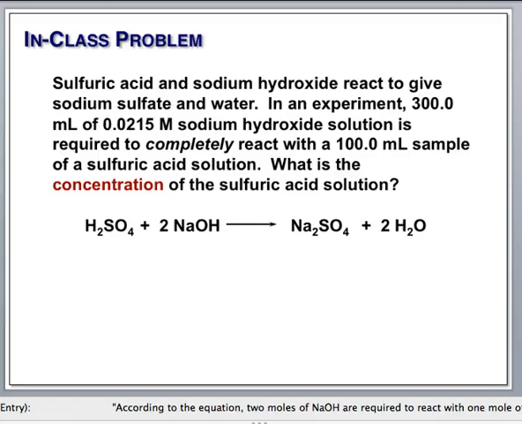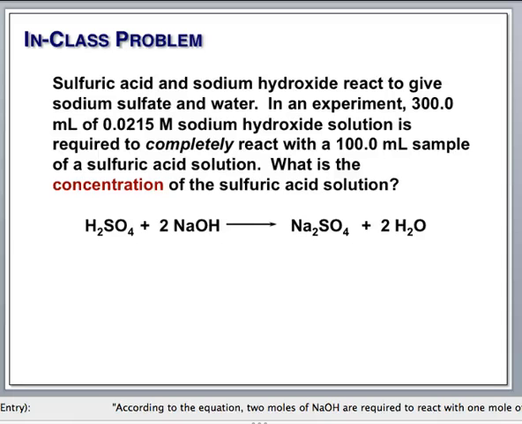What is the concentration of our sulfuric acid solution? Look at our equation. 2 moles of hydroxide react with 1 mole of sulfuric acid, right?